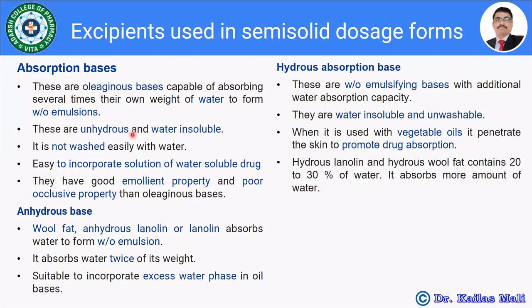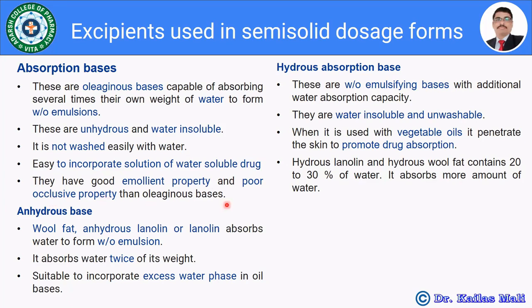These are anhydrous and water insoluble. Then it is not washed easily with water, as the continuous phase is oil. So it is non-washable, but easy to incorporate a solution of water-soluble drug into the absorption base. They have good emollient property, but poorer occlusive property than the oleaginous bases.